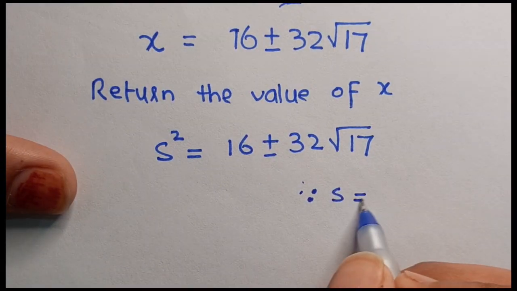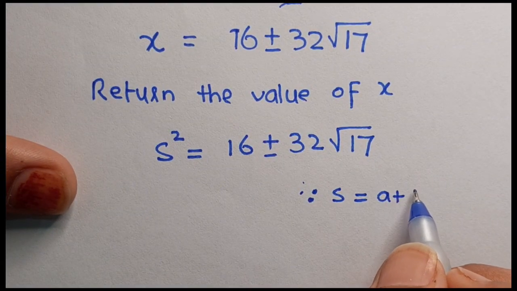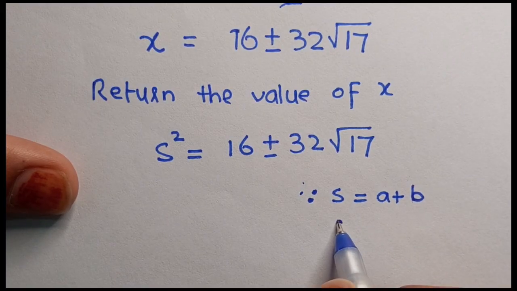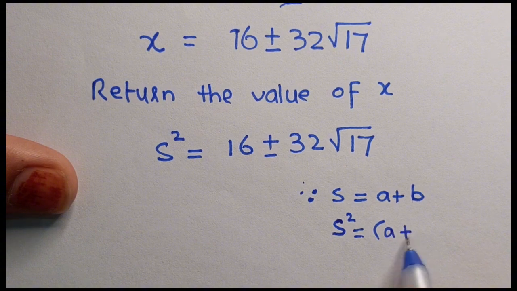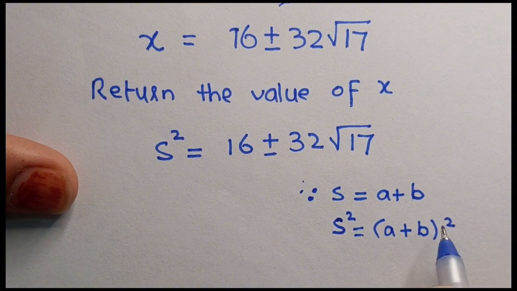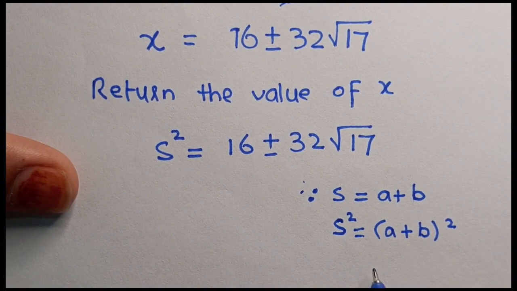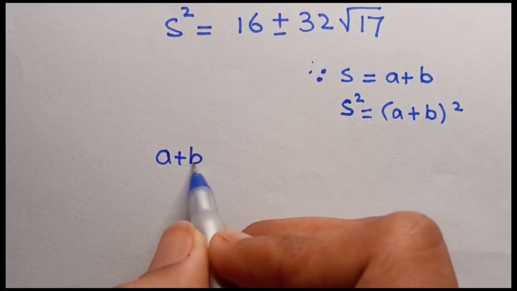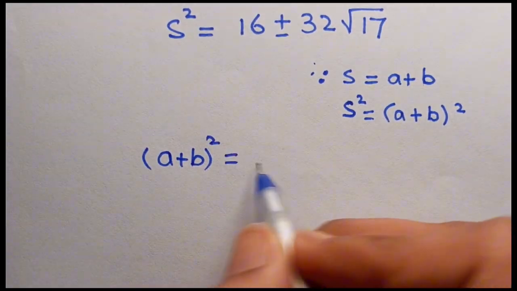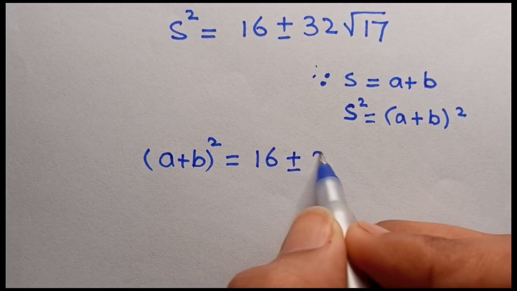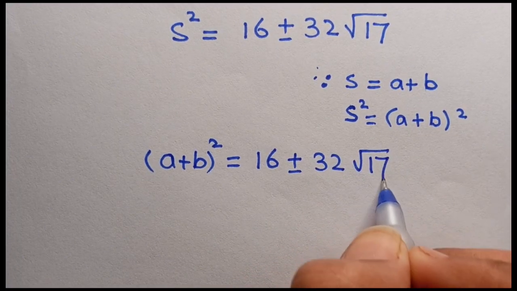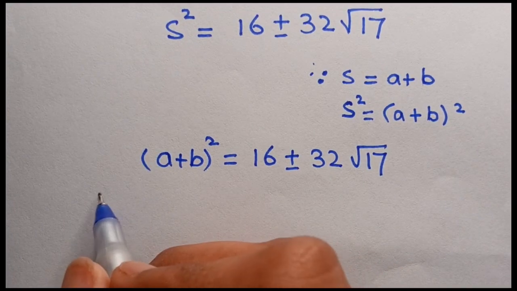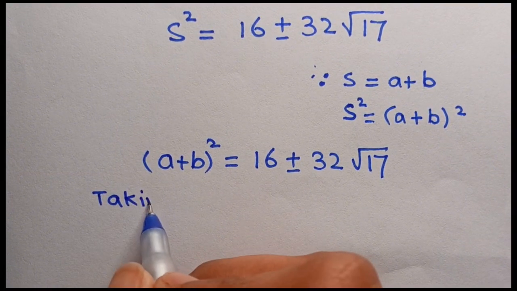As a result, s is equal to a plus b, so s square is equal to a plus b whole square. A plus b whole square is equal to 16 plus 32 under root 17.